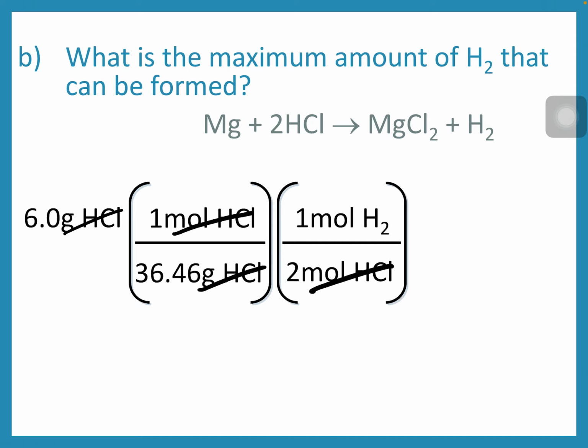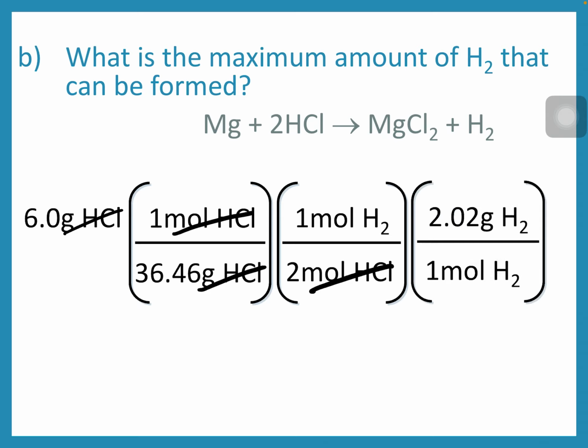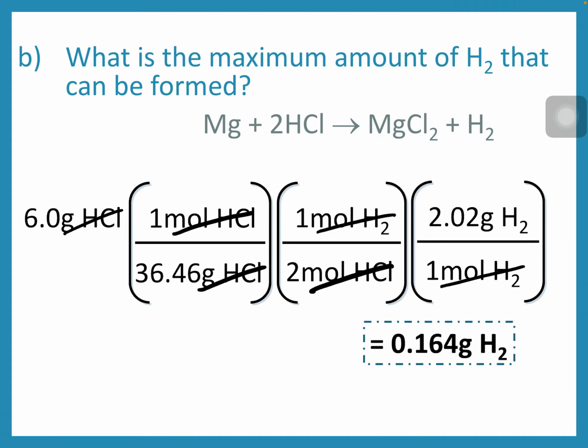So what's my mass per 1 mole? And 2 atoms of hydrogen, so 2.02 grams. So then my answer here will be in grams of hydrogen. So I have 6 divided by 36.46 divided by 2 times 2.02, and that gives me 0.164 grams of hydrogen.